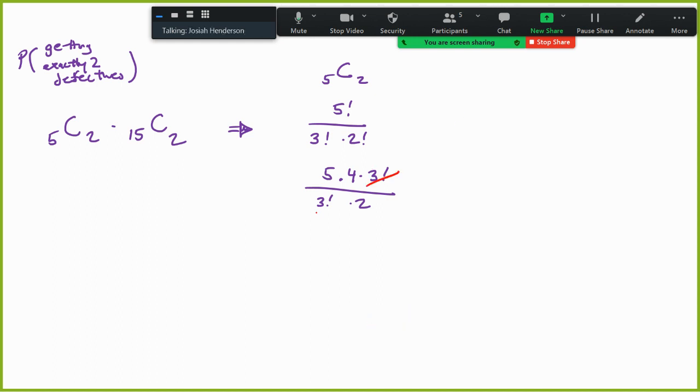Three factorial over 3 factorial cancels. 4 over 2 can become a 2. So this is 5 times 2, and that's 10.